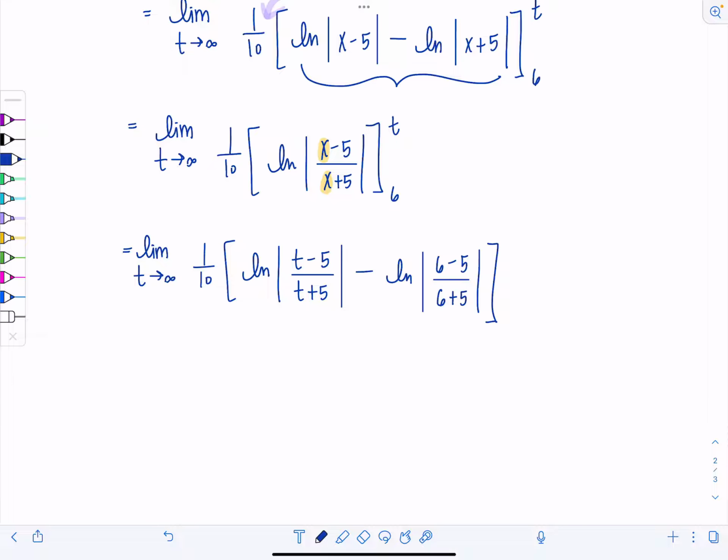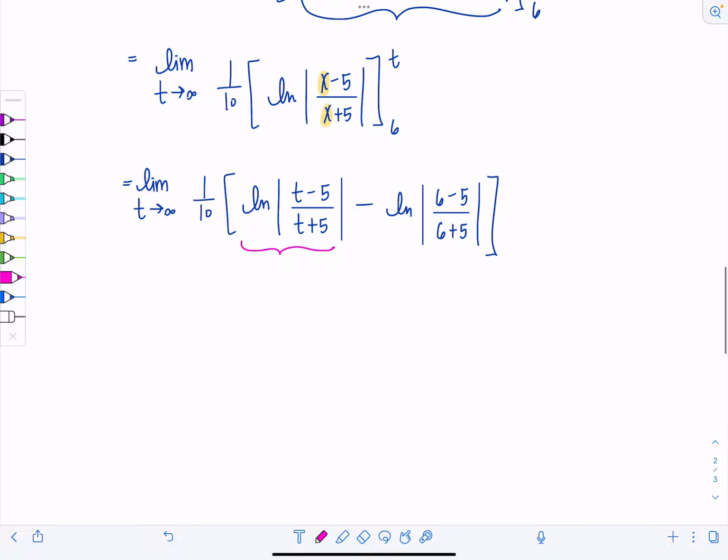Okay, good. Now we need to take the limit. So notice here I have ln of absolute value t minus 5 over t plus 5. If you want to work on this separately just for a second, we've got the limit as t approaches infinity. I'm going to ignore the 1/10 for now.